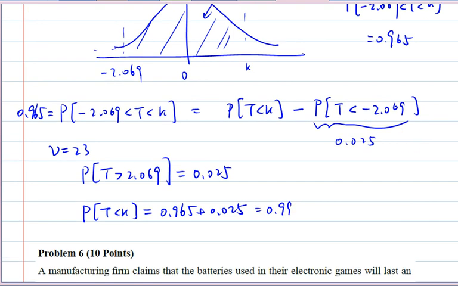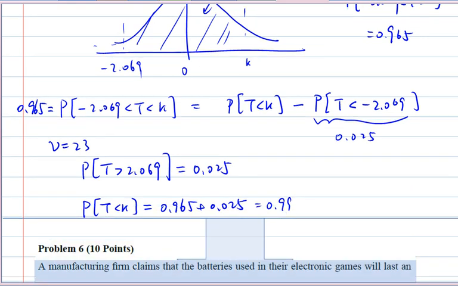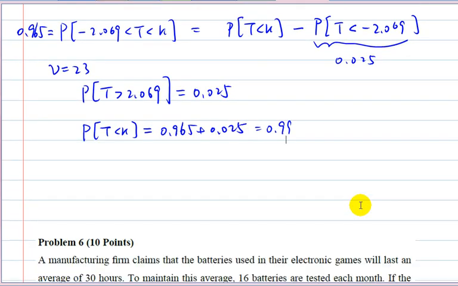Now the question is, what value of K will give us 0.99? Again, the t table doesn't give the probability of less than a certain value. It gives you the probability of T greater than a certain value. So from the table, look for the probability of T greater than K equal to 0.01, find that K value, and that corresponds to this case.